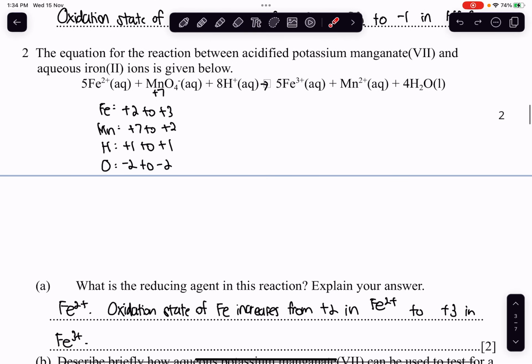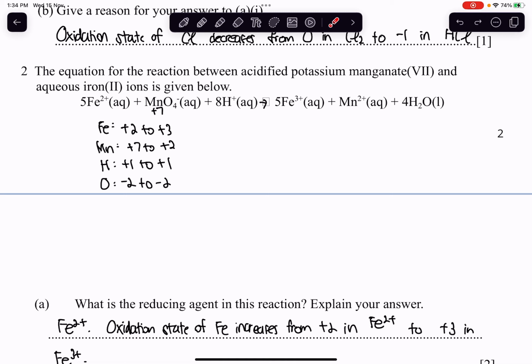So for question 2, they give you the equation for the reaction between acidified potassium manganate 7 and aqueous iron 2 plus ions. So this is the entire reaction. When you're given such equations, you may want to write down all the OS first. I identify that Fe2 plus is +2 OS, and then Fe3 plus is +3.